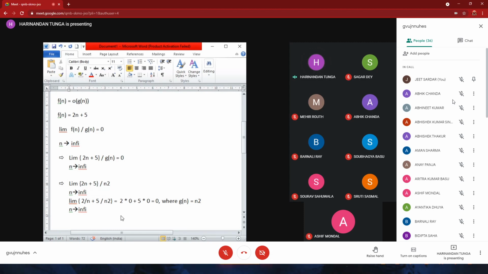Yes, n cube, n to the power 4. Yes, the minimum value of gn is n square. তখন কি হবে? The little o condition is satisfied. So now just to express fn equal to little o of n square.